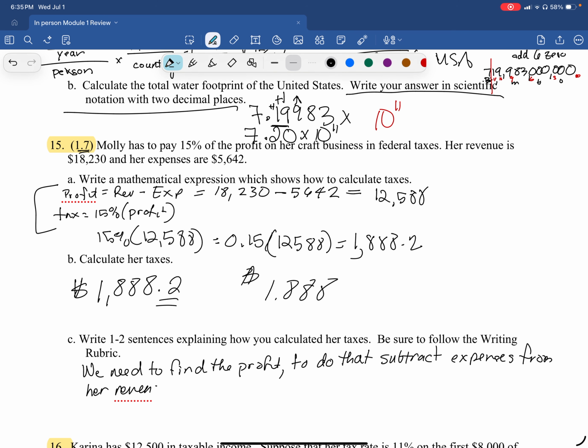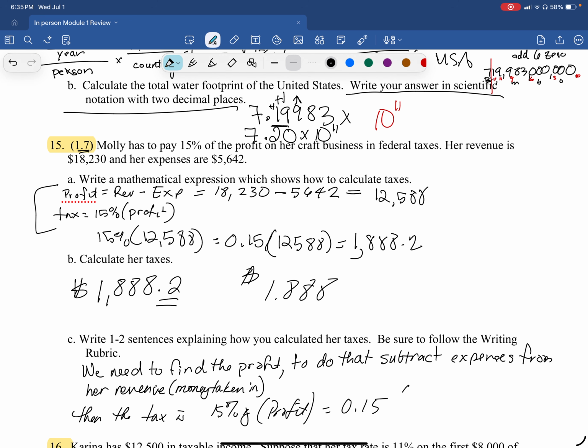Revenue, is it just UE? It is UE. From her revenue, which is money taken in. Then the tax is 15% of her profit, which equals 0.15 times revenue minus expenses.